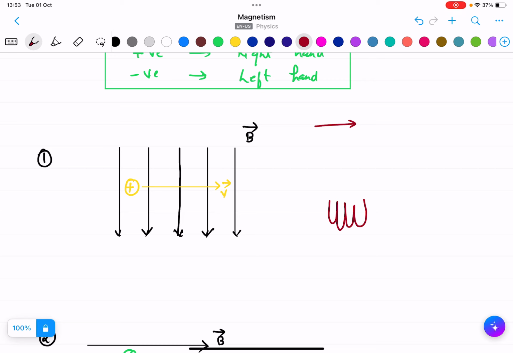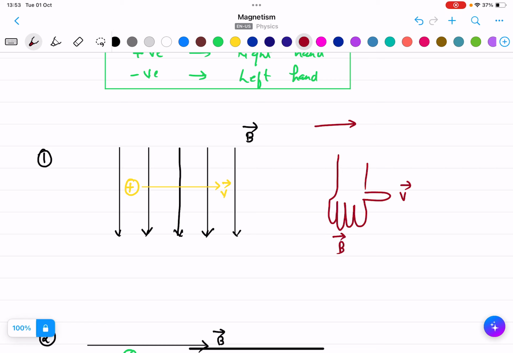So fingers will be in the direction of magnetic field, and thumb will be in the direction of velocity, like this.